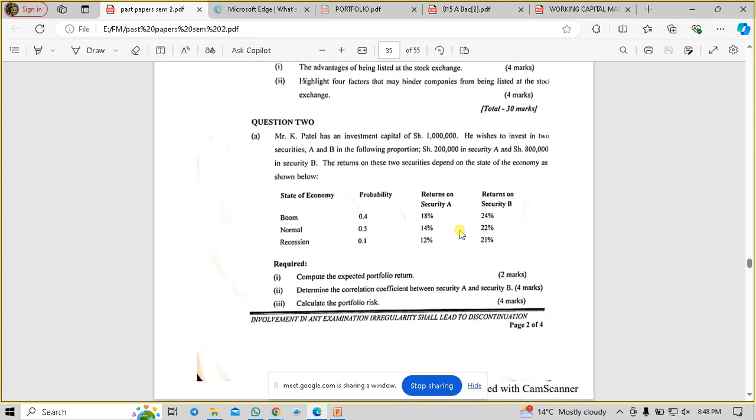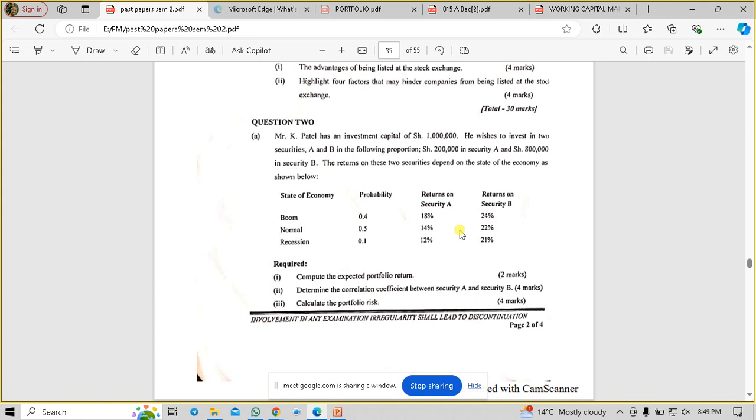What are you getting? Everyone gets their own. So let's start with the first part: 18 minus 15.4 squared times 0.4. What are you getting? Yes, 2.704. That is correct. 14 minus 15.4 squared times 0.5.